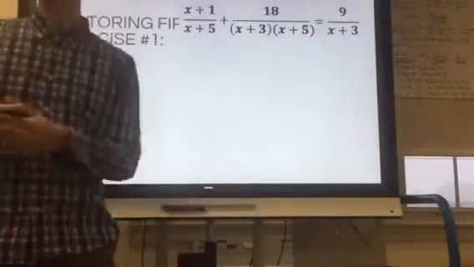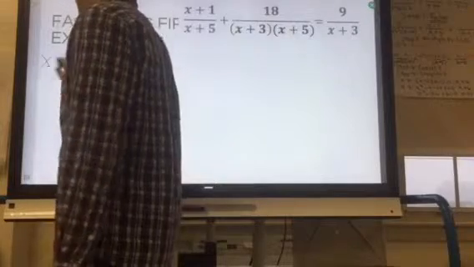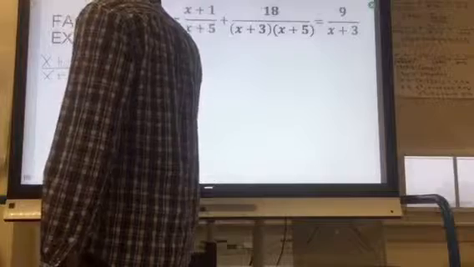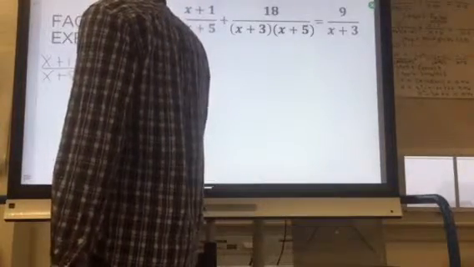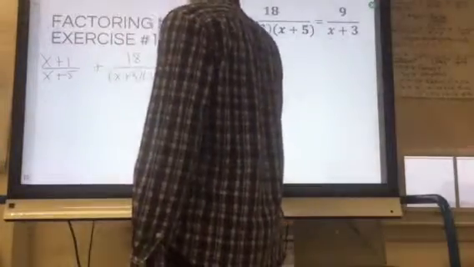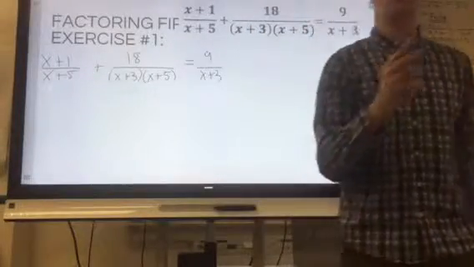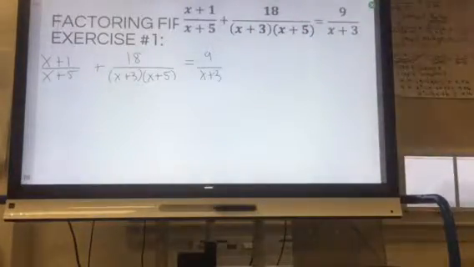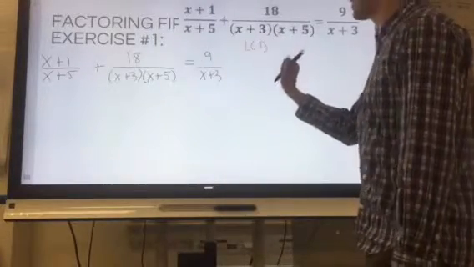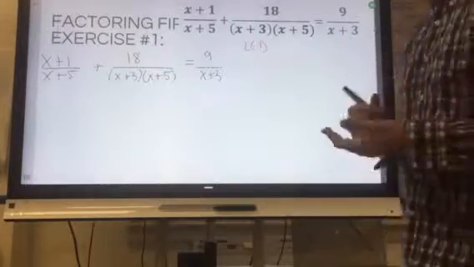So I'm going to start off, I'm going to rewrite it. Just like we did before, we're going to multiply each fraction that we see by the least common denominator. So the trick is, when you're finding the least common denominator, when you have variables, you're going to multiply by every denominator.